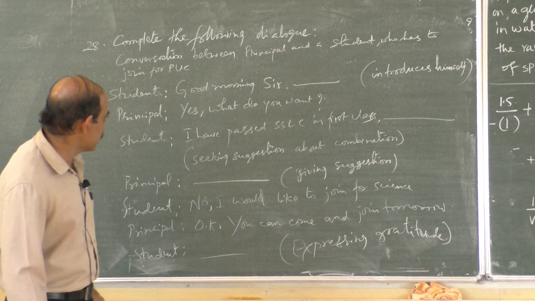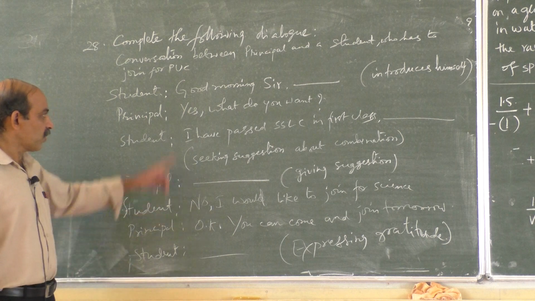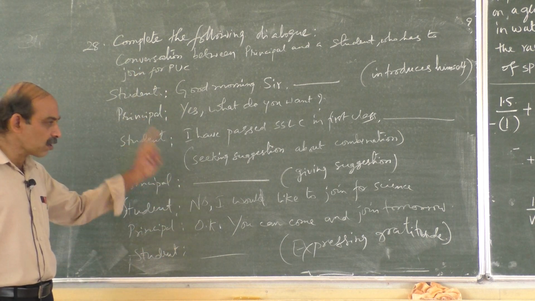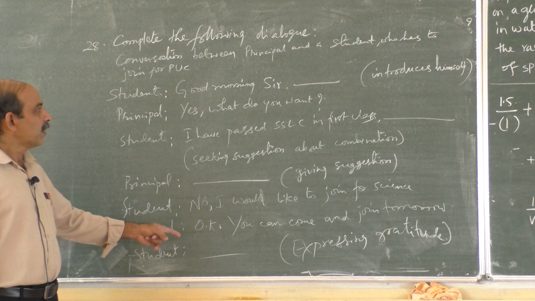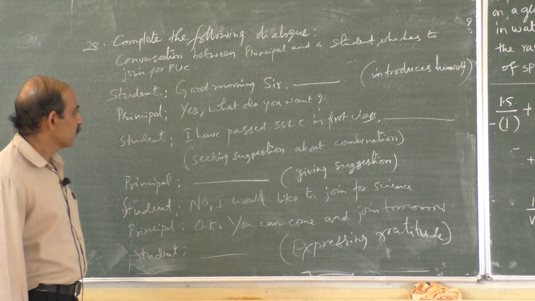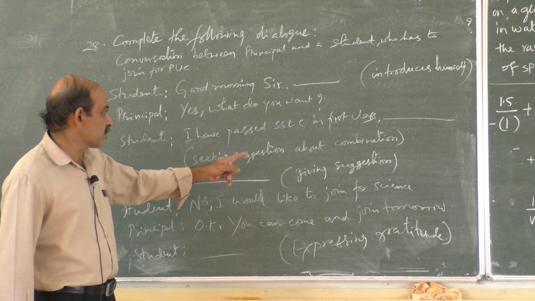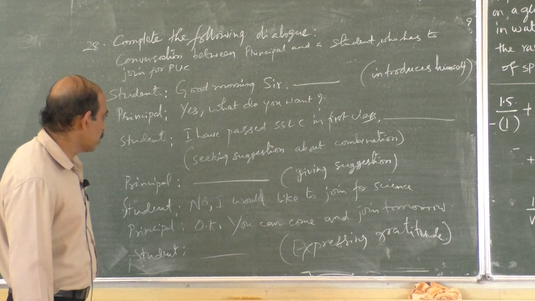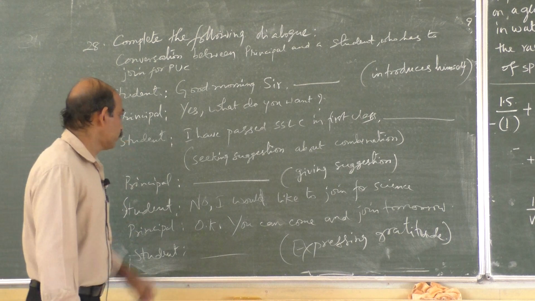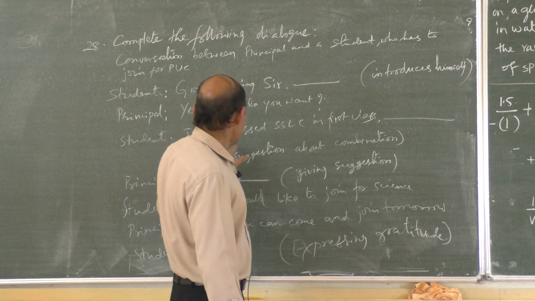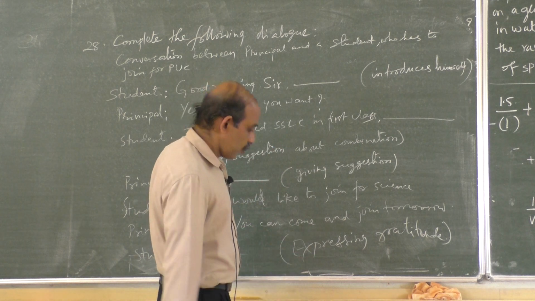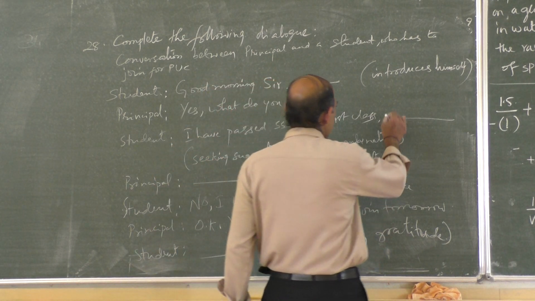The question is asked by the principal. So first you have to read and understand; since this is an experience all of you have, I think it is very simple. I have passed SSLC in first class, and then seeking suggestion about combination. So you put a question here: which combination?